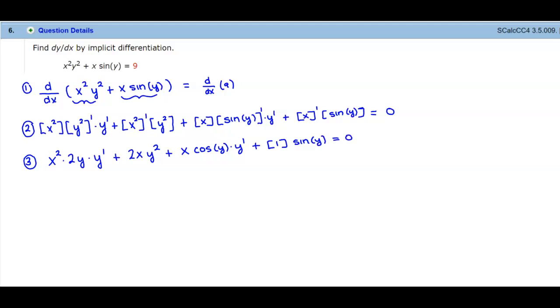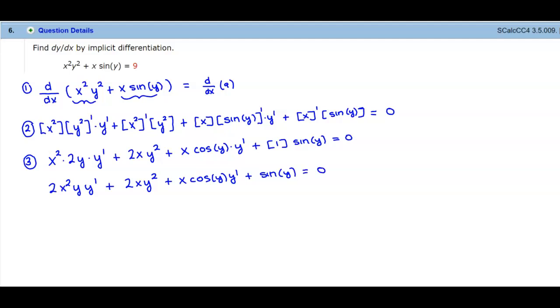So let's go ahead and simplify this a little bit better. So now we have 2x squared y times y prime plus 2xy squared plus x times the cosine of y times y prime plus the sine of y, and that's equal to 0.